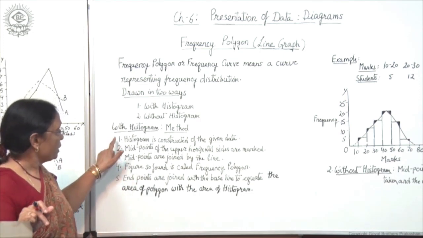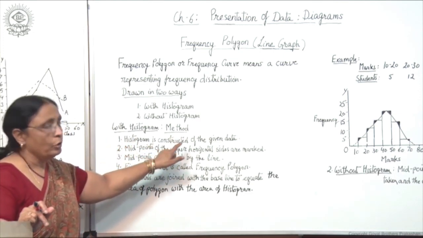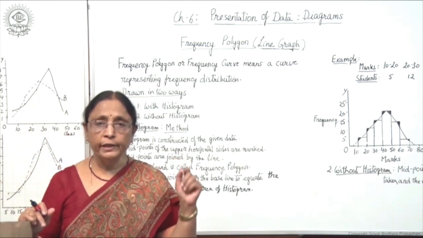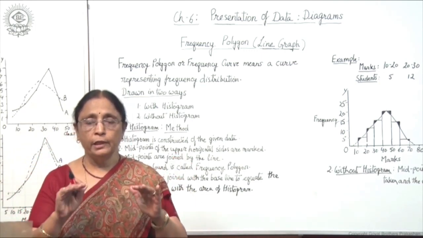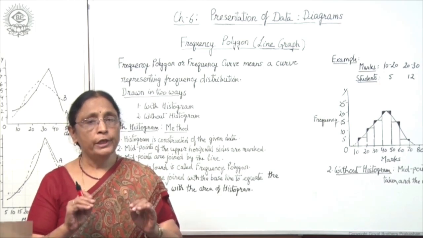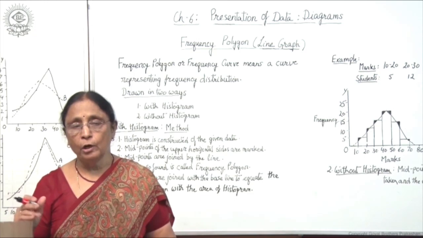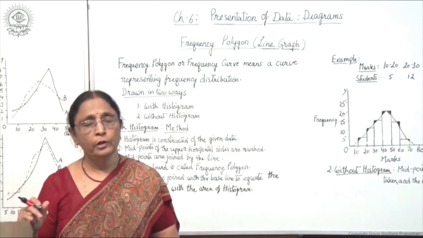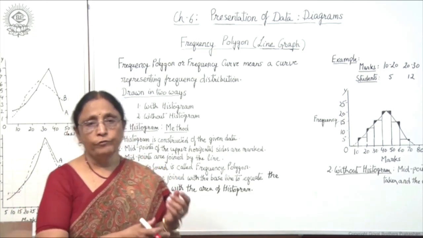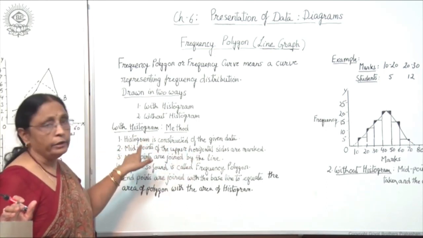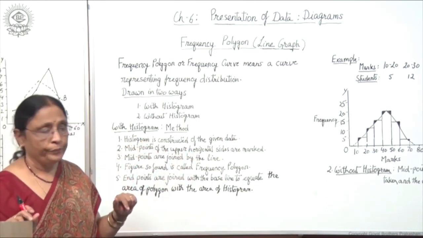First step: a histogram is constructed of the given data. Whatever data is given to you, that data is plotted in the form of a histogram first, and you know the method of how to draw the histogram with the help of given data.